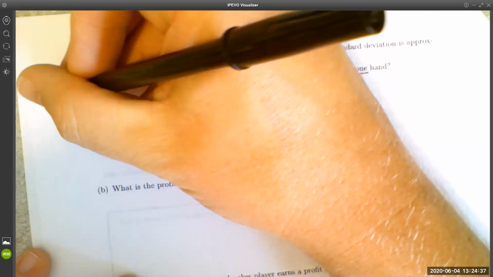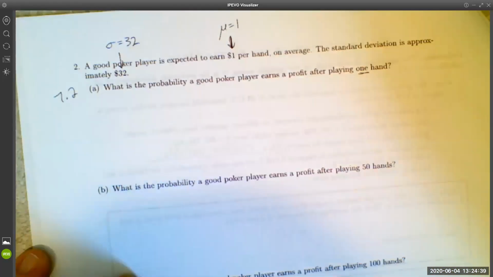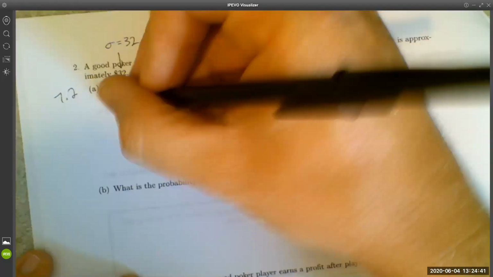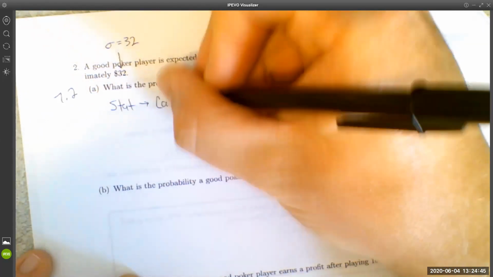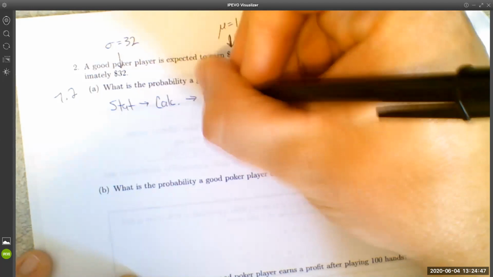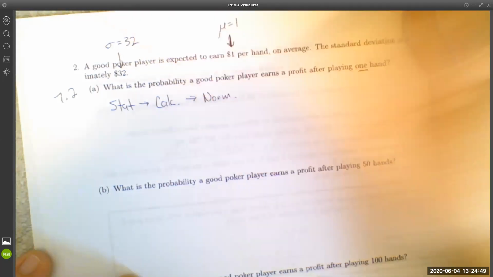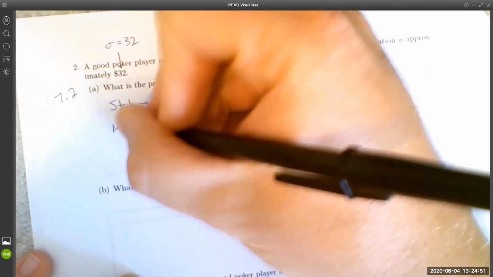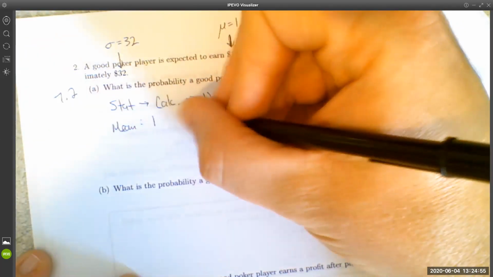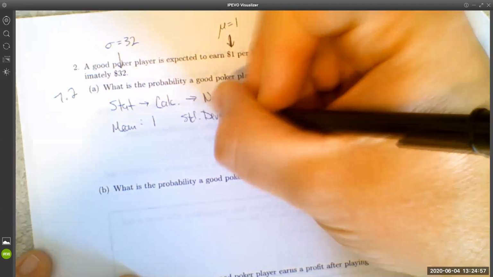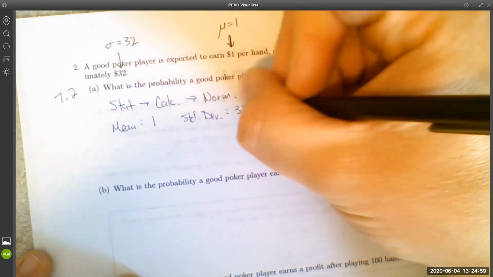Again, this is like a 7.2 problem. We're going to go to stat, calculators, normal. For the mean, we're going to put in 1. For the standard deviation, we're going to put in 32.